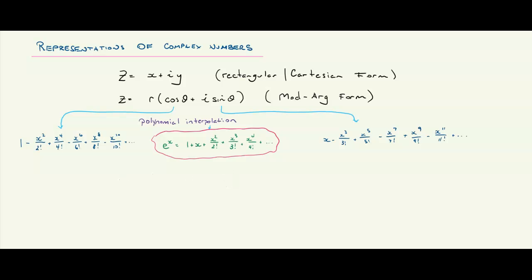Okay, so just to bring you back to where we were at the end of class, we're looking at different representations of complex numbers. We know about the rectangular form and the mod arg form. Now, what we looked at in class today was this incredible process of polynomial interpolation, where we took our sine x and our cos x, and in fact our e to the power of x, which are not polynomials, and look to make polynomials that are exactly the same function.